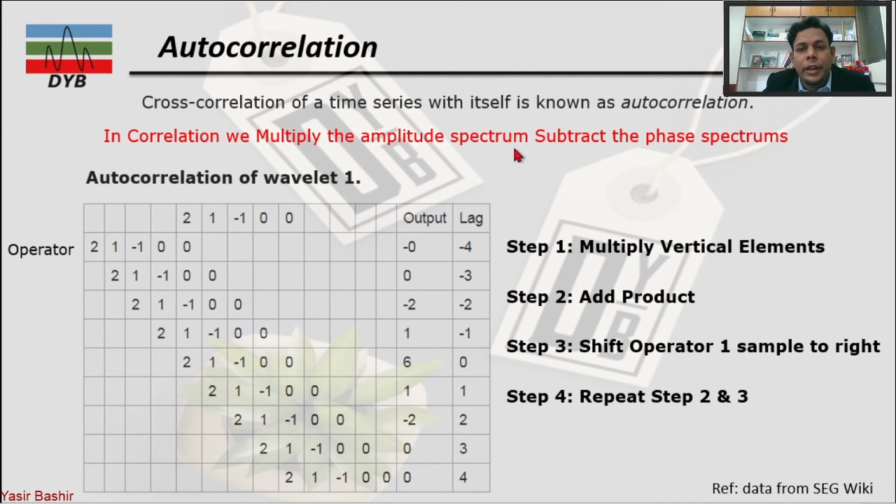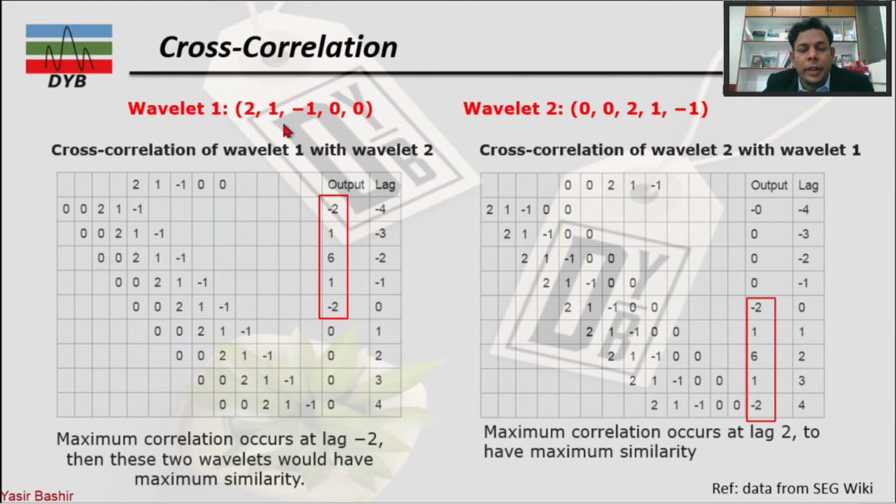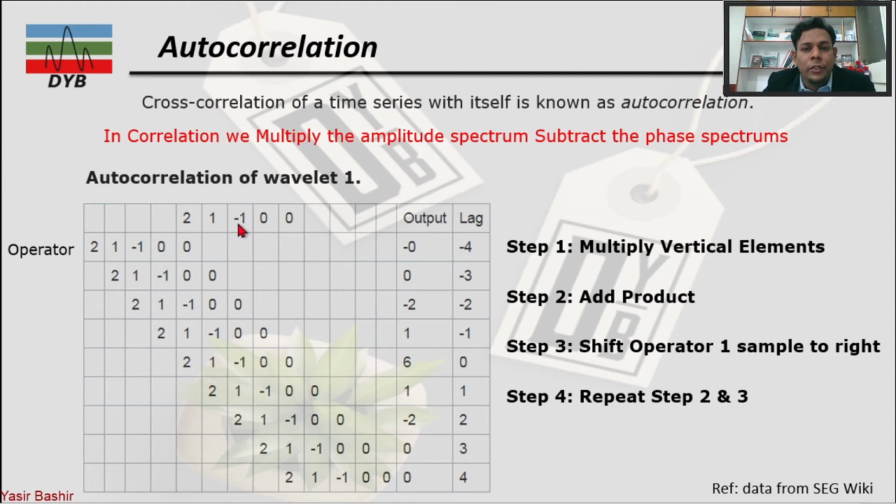So now here is autocorrelation. What we do is autocorrelate wavelet 1, which is given here: 2, 1, minus 1, 0, 0. What we do is multiply the vertical elements. In this we are not reversing the operator or the wavelet.